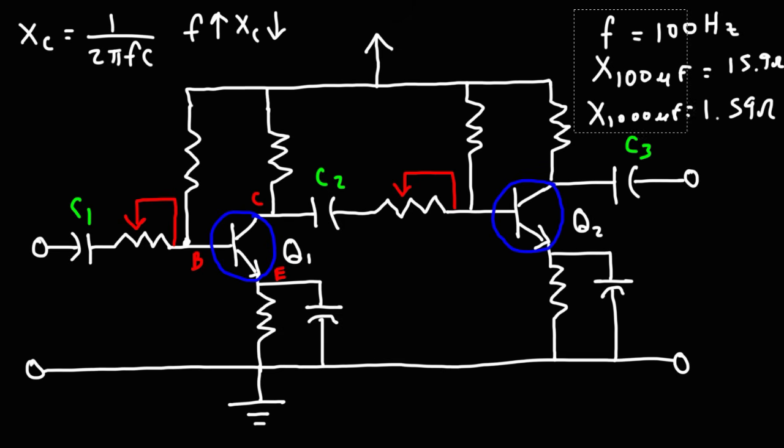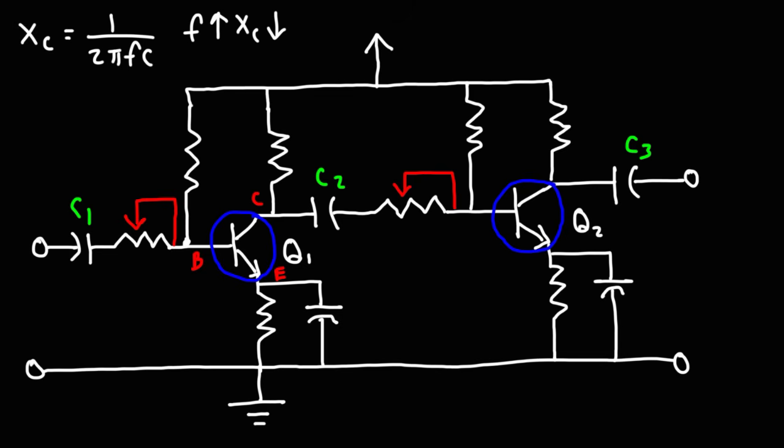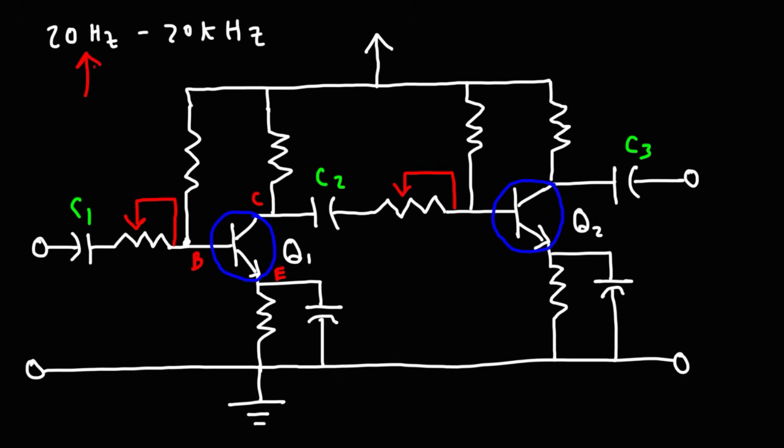And so by increasing the capacitance of the coupling capacitor, you can decrease the impedance of low frequency signals. Because when dealing with an audio amplifier, the frequency can vary from 20 Hertz to 20 kilohertz. So large capacitors will allow the low frequency signals to pass through.